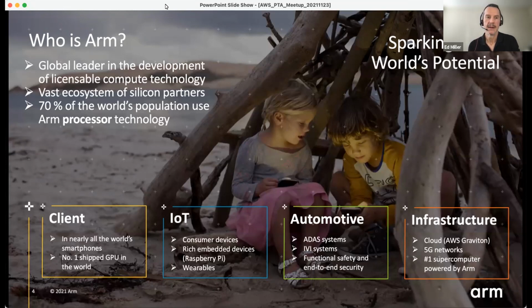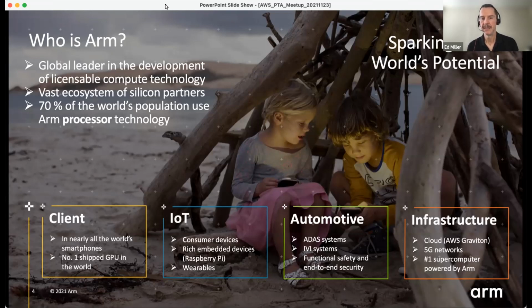And we think that ARM processor technology touches at least 70% of the world's population today. We provide these applications across different markets. Client is basically anything with a screen from our standpoint. So we're in almost every smartphone in the world today, an ARM processor with somebody else's silicon manufacturing.